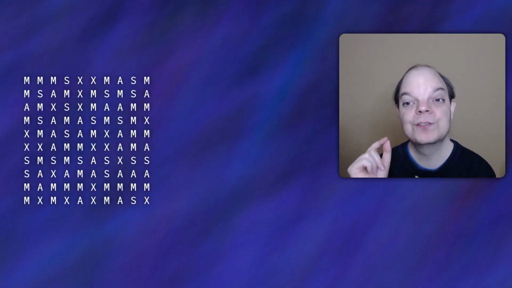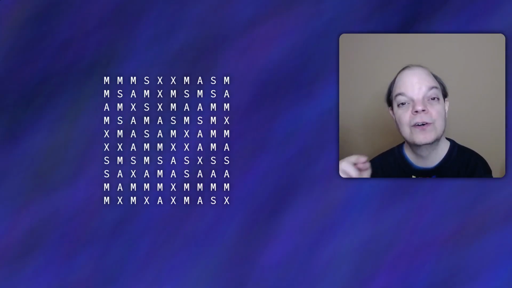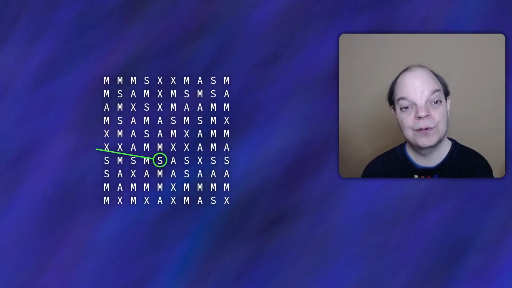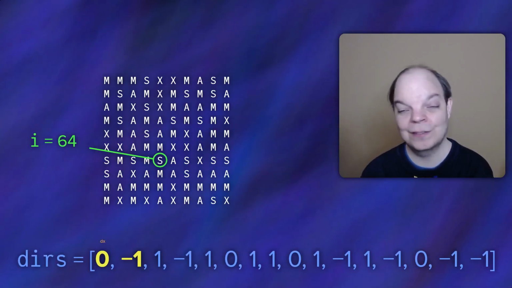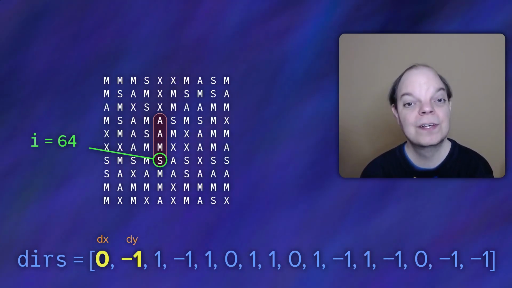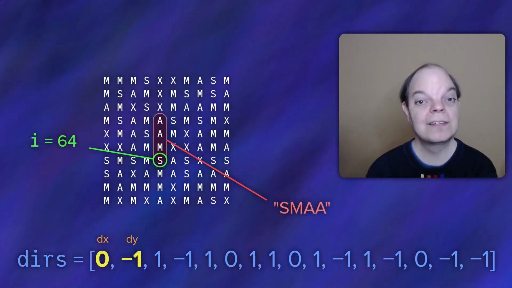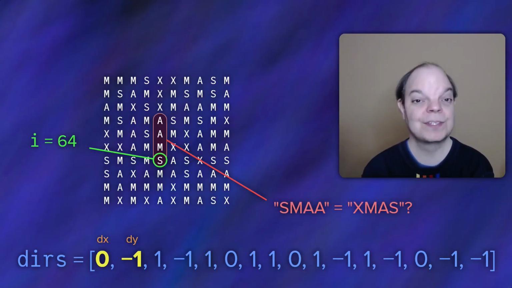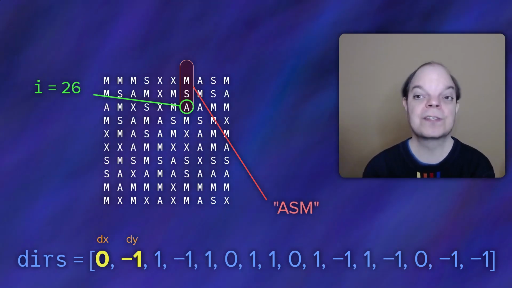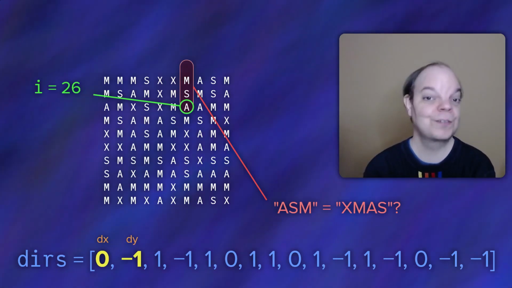What I'm going to do now is create a lazy sequence of all of the characters in the grid, starting from that point in the direction given by the first 2 elements of DIRS, and then I'm going to truncate that sequence at 4 characters. And then I can just compare the result of that against the string xmas. If the sequence runs off the edge of the grid, it'll give us a shorter string, so it'll never be xmas. And if it encounters any wrong letters, then it'll also not be xmas.